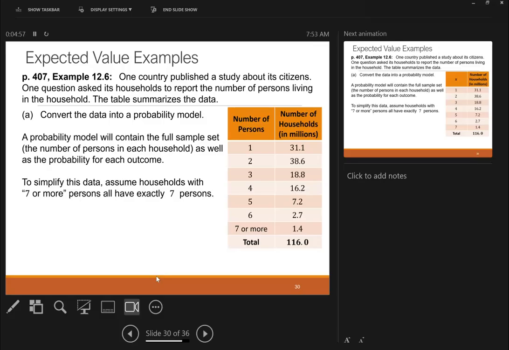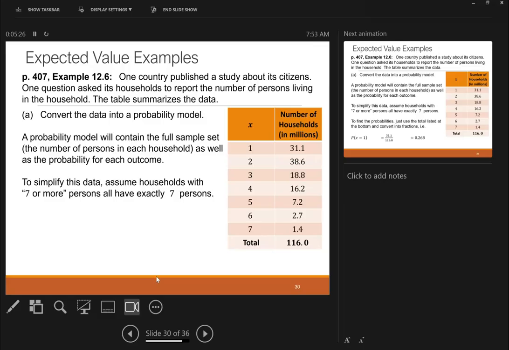Okay? So those will be my x's, the digits 1 through 7. Notice I'm building a new table here for my probability distribution. So I've just completed the x column. Those are the possible values of my random variable. Now I need to convert these number of households that have one individual into a probability.